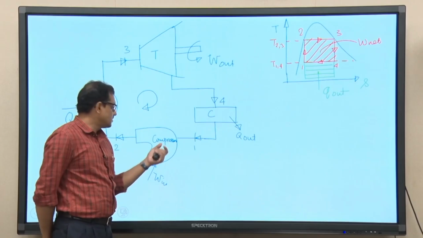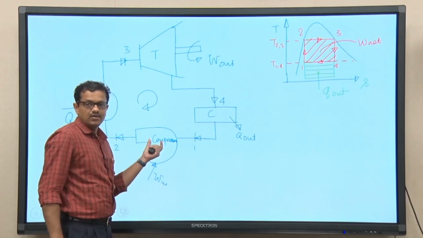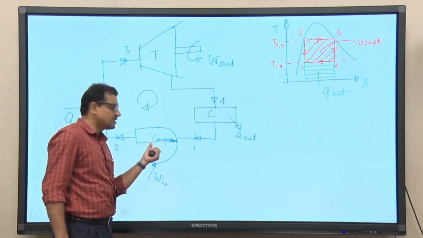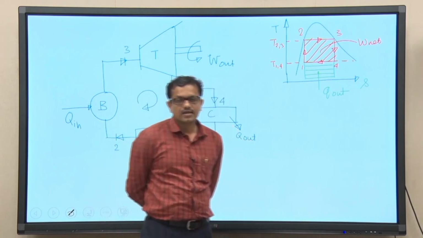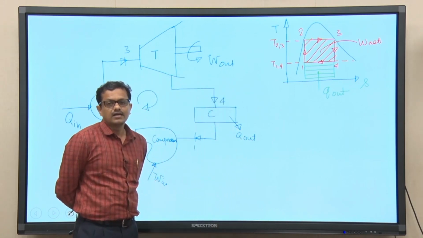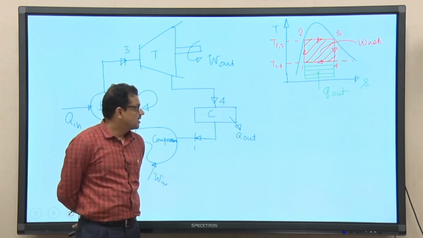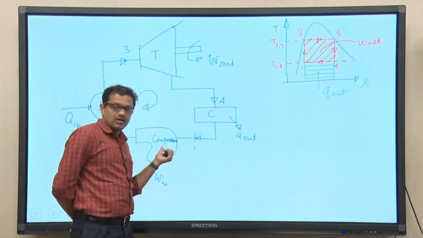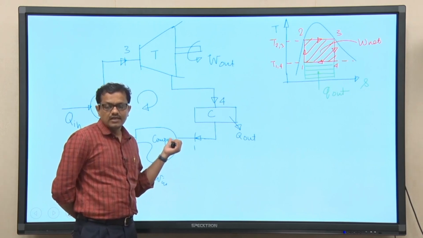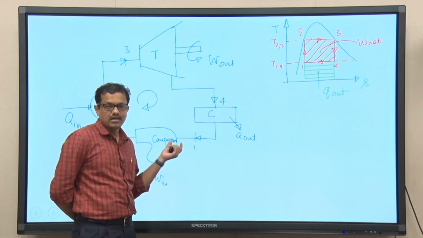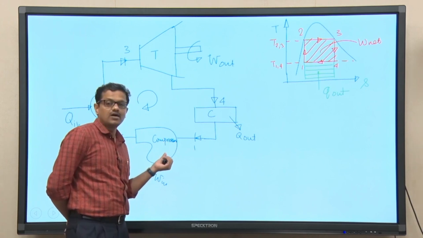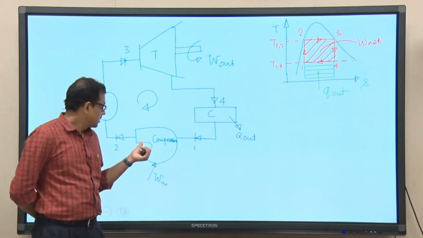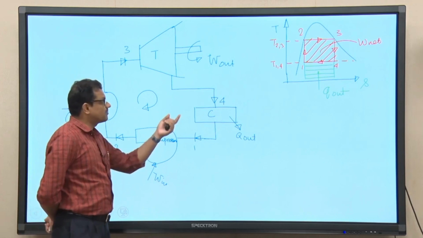So, basically 1 to 2 is the compression process, and we have discussed that this process can be represented by a reversible adiabatic process. This is not a device in which heat exchange takes place between system and surroundings, rather it is a work interacting device. In particular, this is a work absorbing device. So, this process is a reversible adiabatic process.